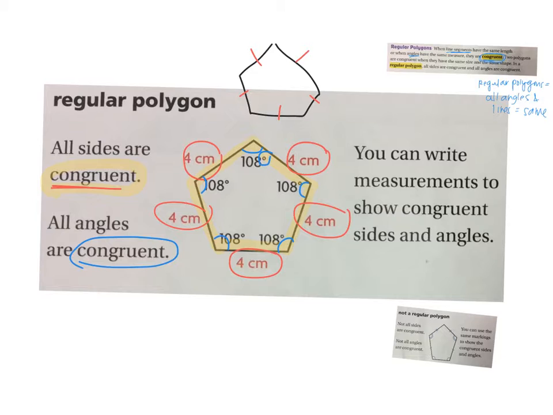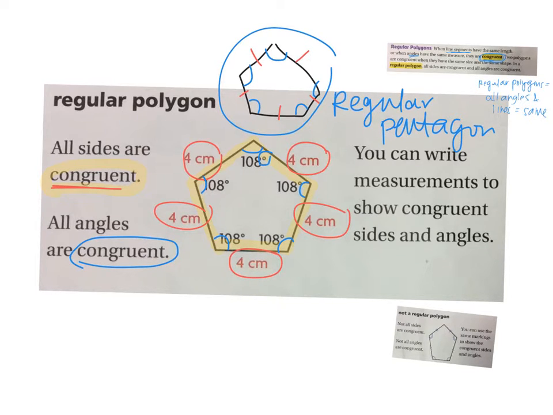Again, you can do it by labeling, by writing the measurements to show the congruent angles and sides. But another shortcut symbol is we can just draw these little half circles to show that all the angles are congruent. If you are going to draw this in your notebook, right next to it, that is a regular pentagon, because all of the sides and angles are congruent, as evidenced by the markings that you drew.